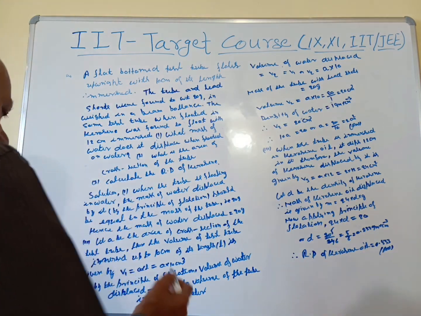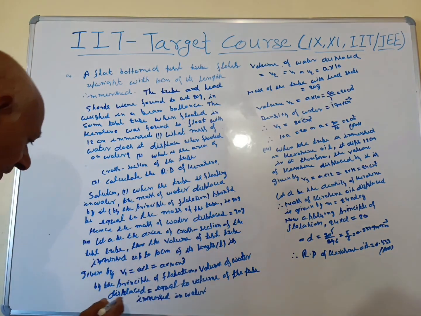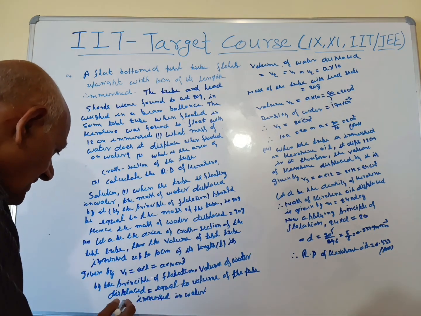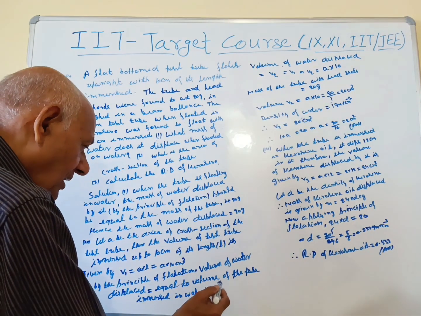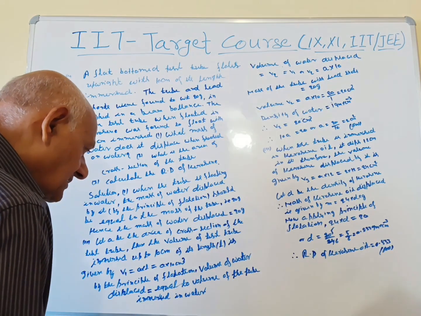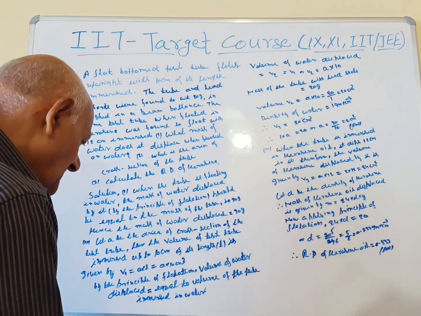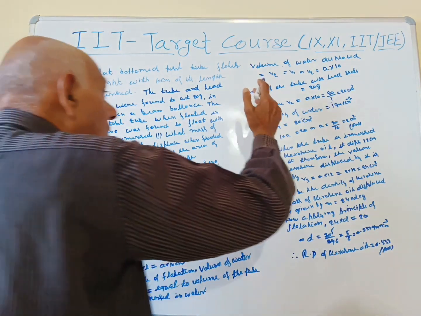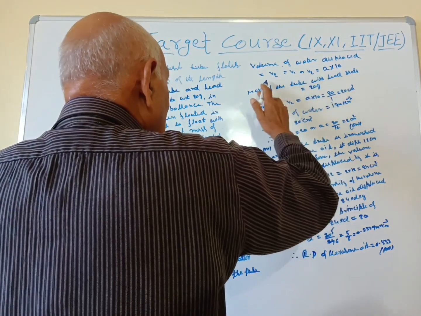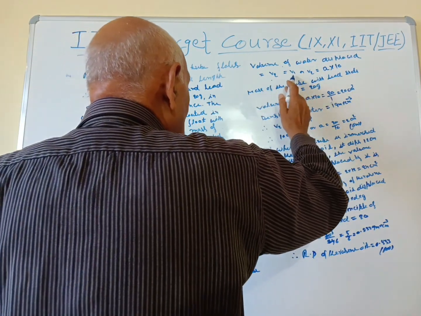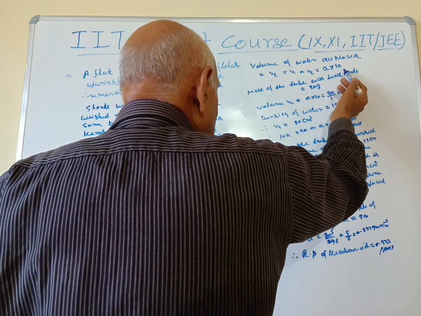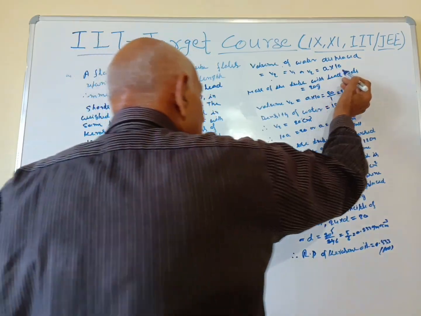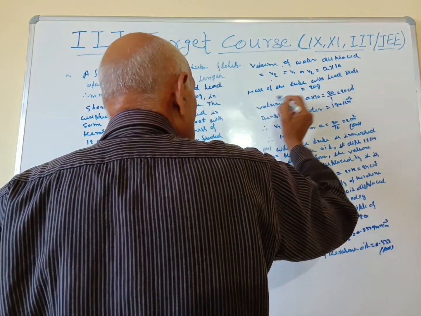By the principle of flotation, volume of water displaced equals volume of the test tube immersed in water. Volume of water displaced V2 equals V1, or V2 equals area of cross section into 10 centimeter.